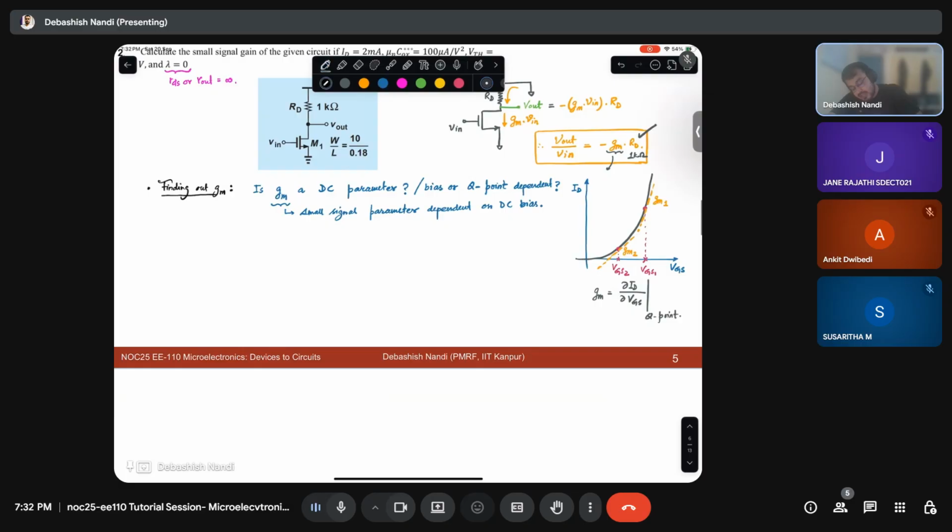So basically, what is happening? Your ID is a nonlinear function of VGS, right? I have modeled it in terms of a square law, right? But I'm not sure. In some region it is square law, in some region it is linear as well. So we are not sure. So how do you do nonlinear analysis basically?